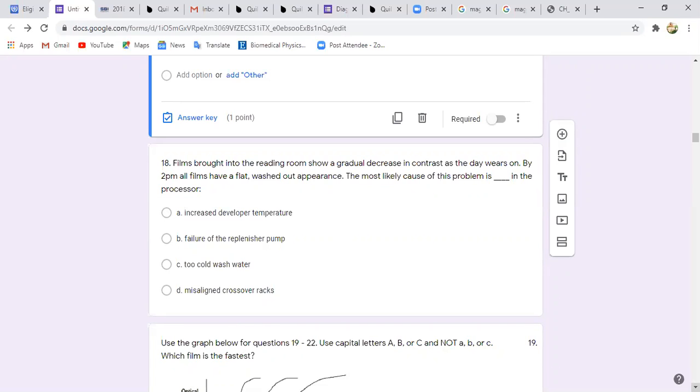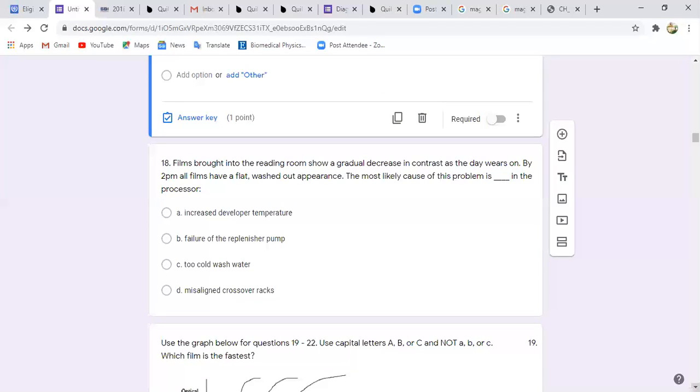It has got to do with the replenisher pump, either in the developing stage or in the fixing stage. If the pump doesn't pump the chemicals at the required rate, during development there might not be full and complete development, and the silver iodide grains not developed will be scattered all over the surface of the film.